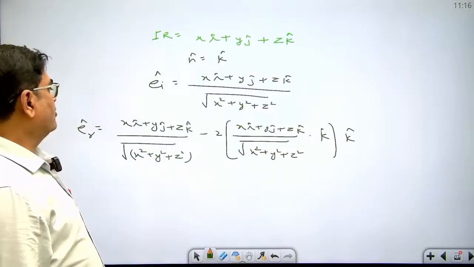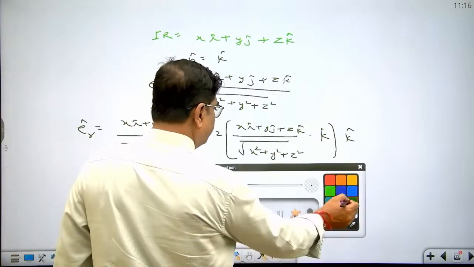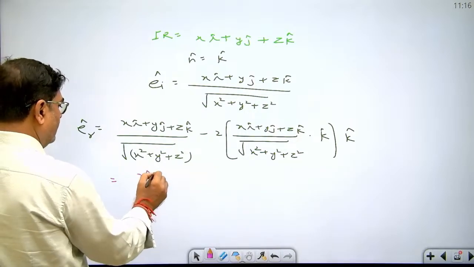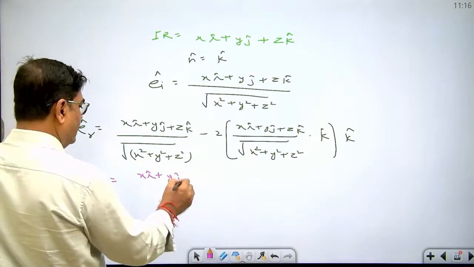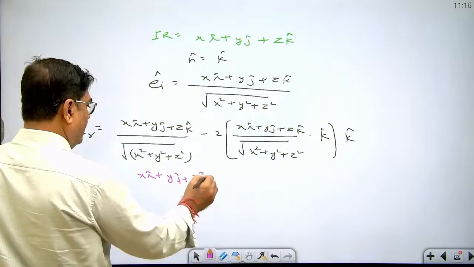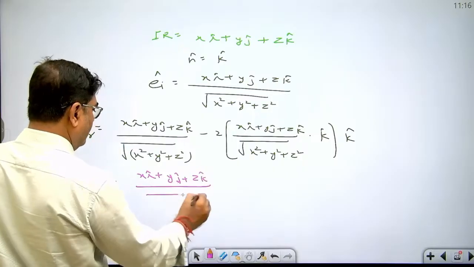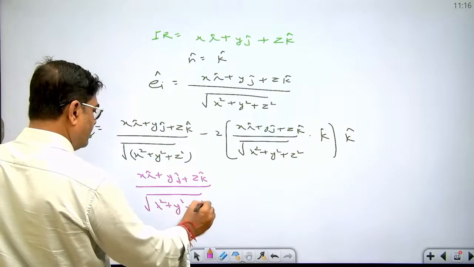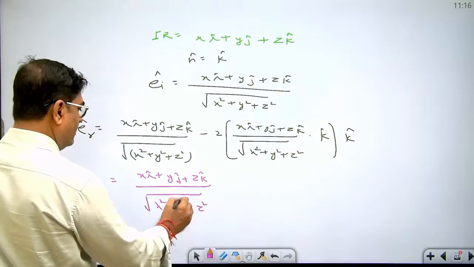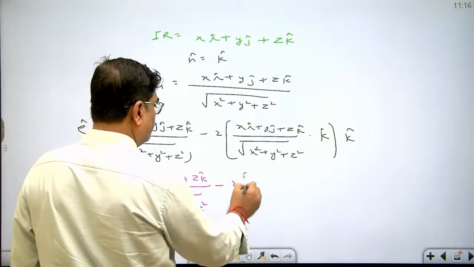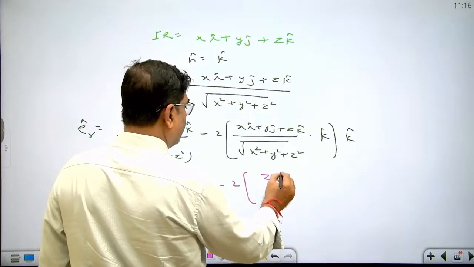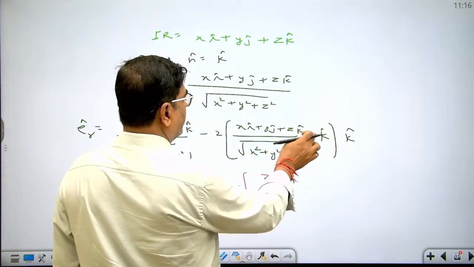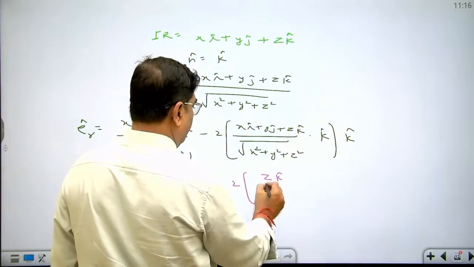So this equation will give us x i cap plus y j cap plus z k cap divided by under root x square plus y square plus z square, minus 2 z k cap divided by under root x square plus y square plus z square, because i cap dot k cap is 0, j cap dot k cap is 0, k cap dot k cap is 1, and z into k cap.